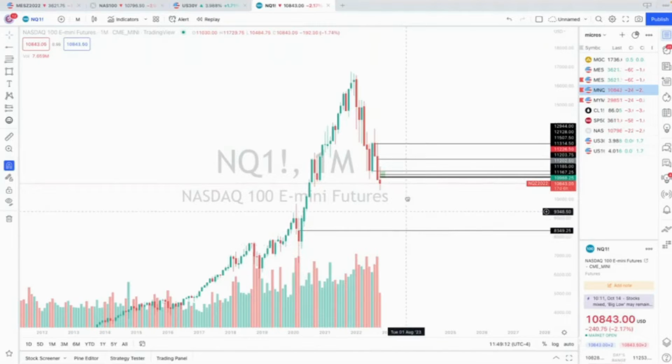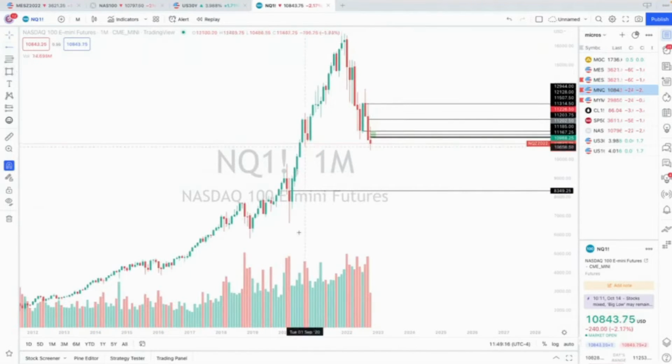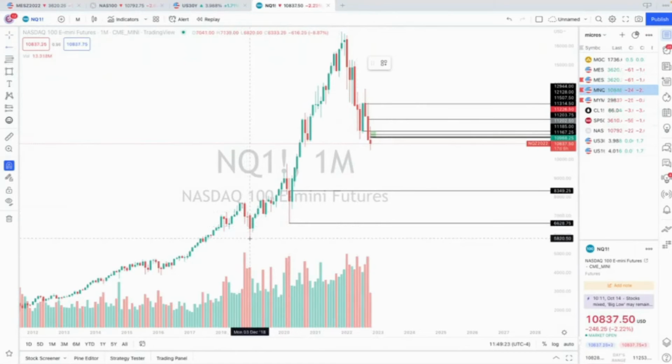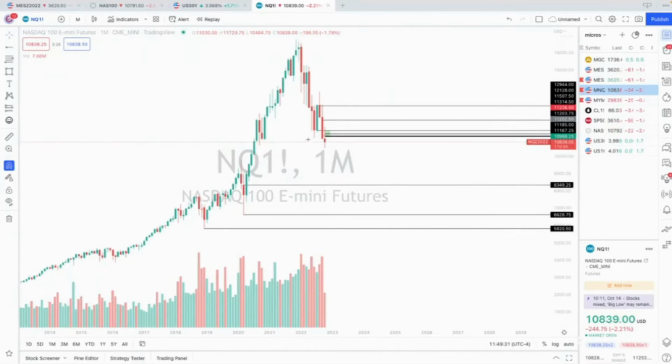And once we get to that level, it doesn't simply mean that we're just going to go long. I believe we're ultimately seeking this low, potentially this low. Kind of crazy to even think that we could drop that much, but that's what the chart's setting up for.